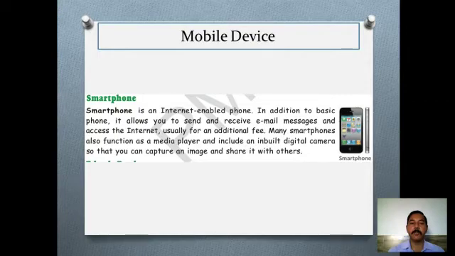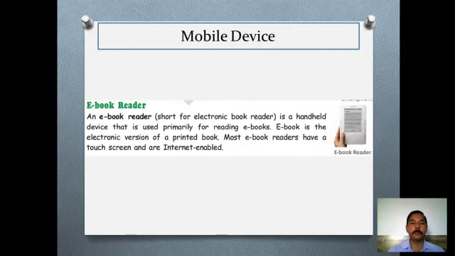Many smartphones also function as a media player and include an inbuilt digital camera so that you can capture an image and share it with others. So in most of the houses we have smartphones and people are clicking photographs, making videos and sharing on the social media platform with family, friends, everywhere.